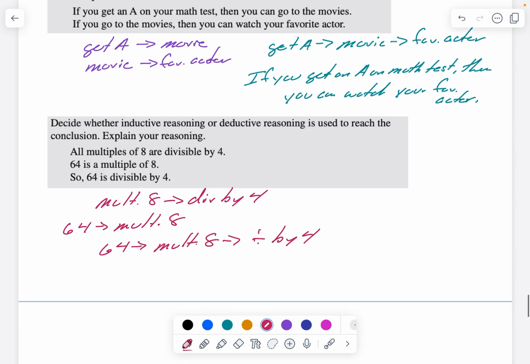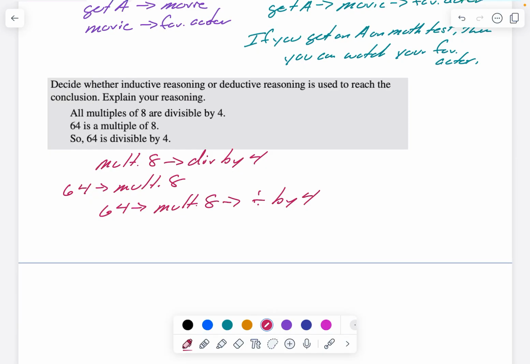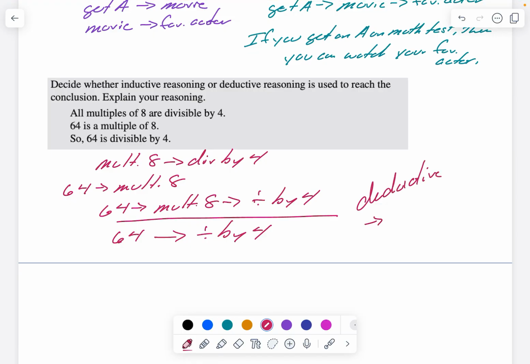So it does follow that law of syllogism. And so we can say if a number is 64, it's divisible by 4. We can follow that chain of reasoning here. So it is deductive. And specifically, it's the law of syllogism.